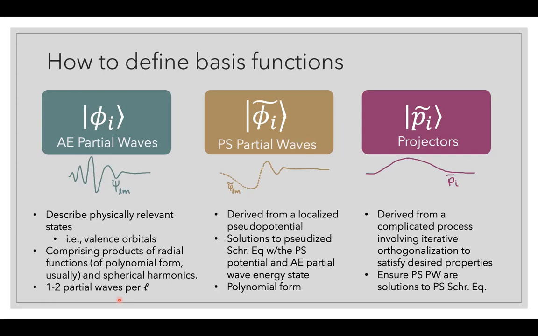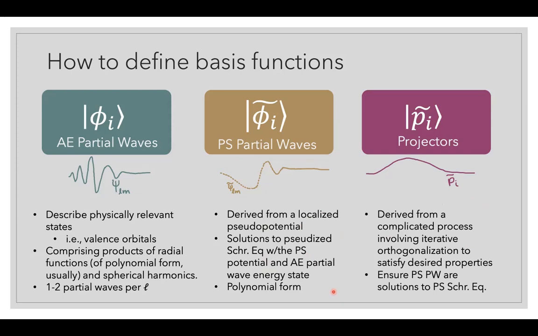The pseudo partial waves are the next that need to be defined. And those are defined in kind of an iterative orthogonalization process, just as much as the projectors are defined. The first thing you want to do is define some type of localized pseudopotential. And then you put that pseudopotential inside a Schrodinger equation, the pseudized Schrodinger equation, along with the all electron partial wave energy state, and you will end up deriving from that your pseudized partial waves.